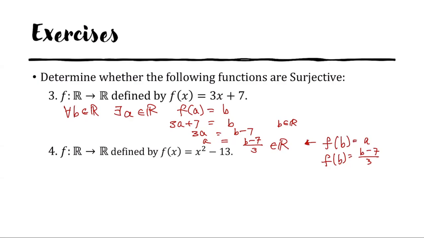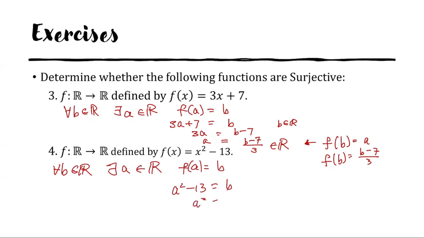Okay, next. Okay, so here it is asking, is f of x equals x squared minus 13 a surjective function? Again, we want to show for all b in the set of real numbers, there exists a in the set of real numbers where f of a equals b, and we have a squared minus 13 equals b.